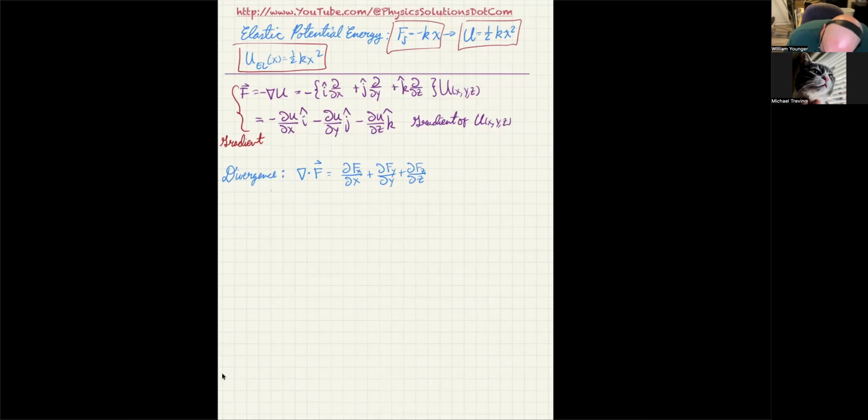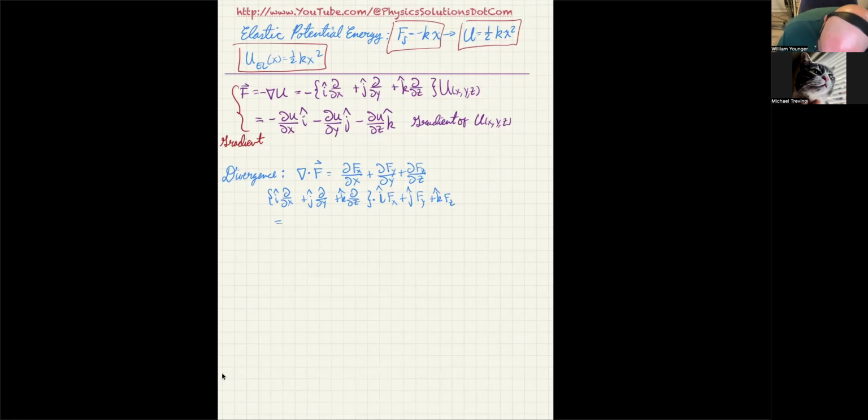If you wanted to break it down to see how that happened, you would say i hat partial with respect to x plus j hat partial with respect to y plus k hat partial with respect to z, dotted with i hat f sub x plus j hat f sub y plus k hat f sub z.